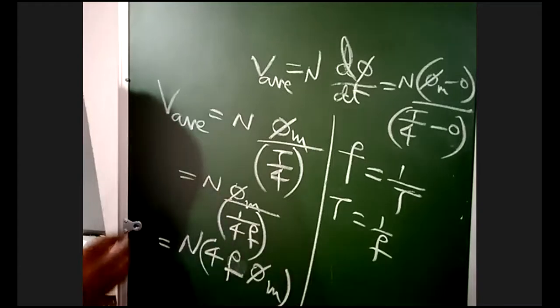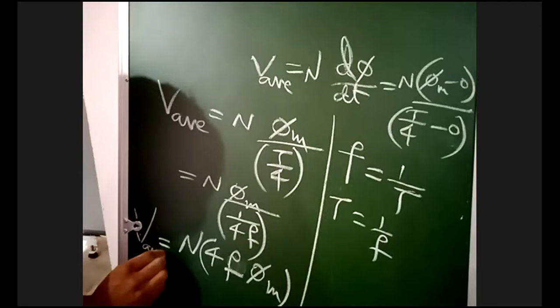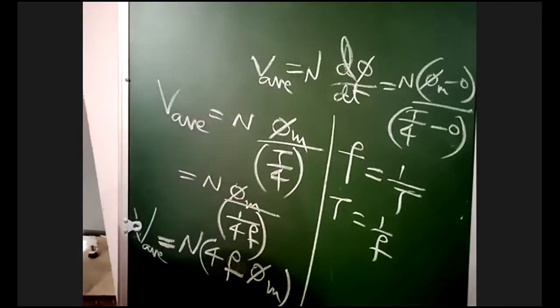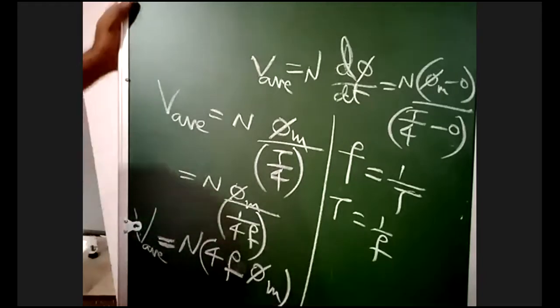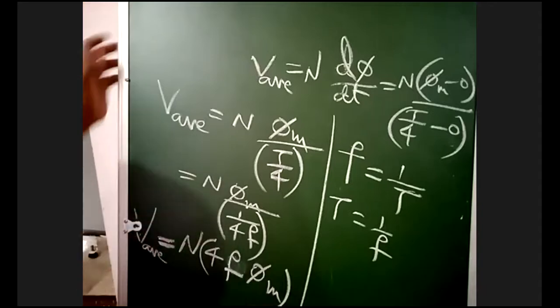But in the problems, while calculating, which voltage will we take, average or RMS? RMS. In calculations, we will always take RMS values. Now I got the average value. I have to convert this average value into RMS. How will we convert this? I want the RMS value.